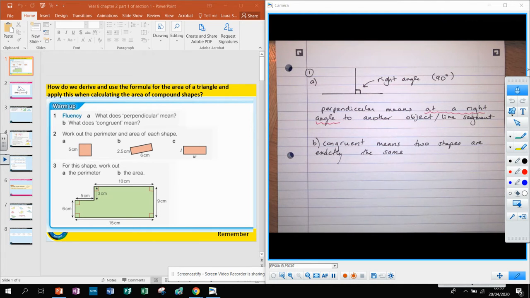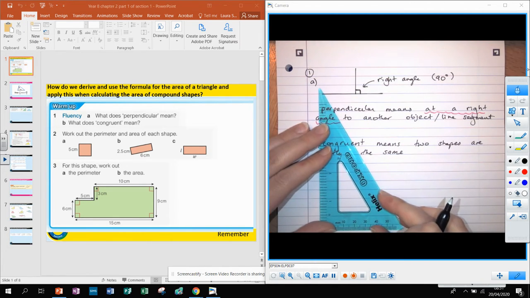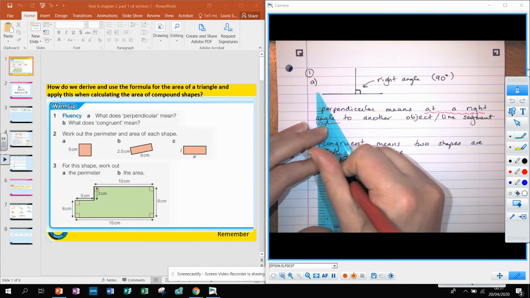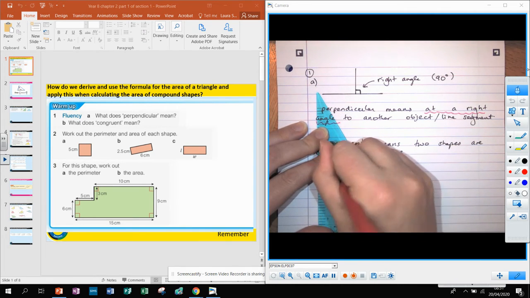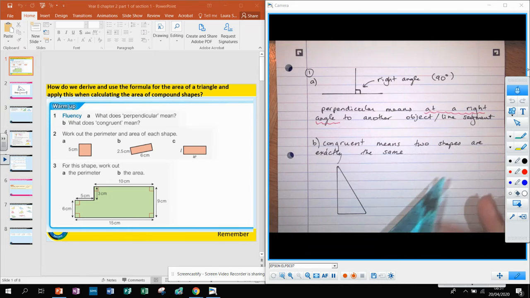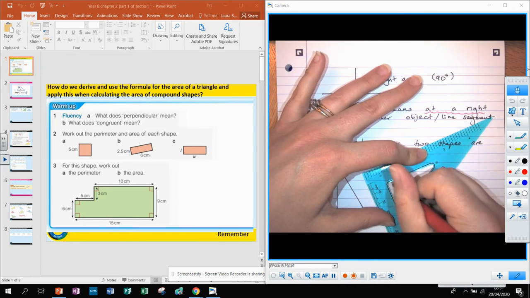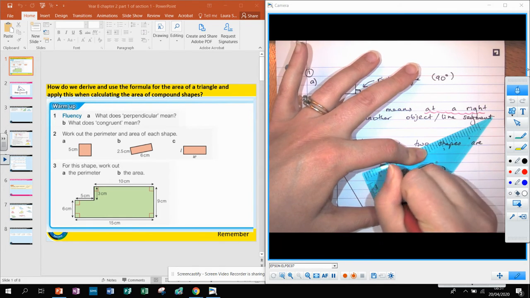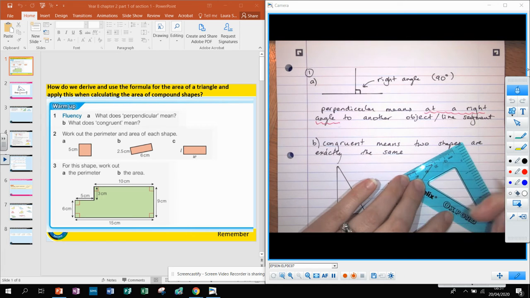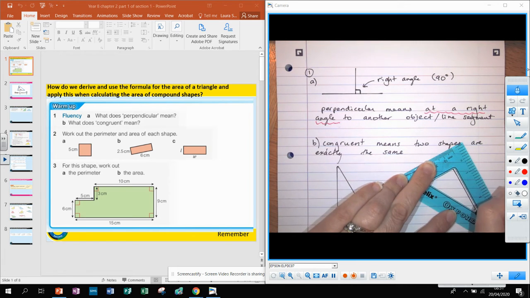Now, you might wonder whether or not the shapes can turn around. Absolutely, they can. If I use the inside of this to create my triangle, that triangle is going to be exactly the same as any other triangle I draw using this.